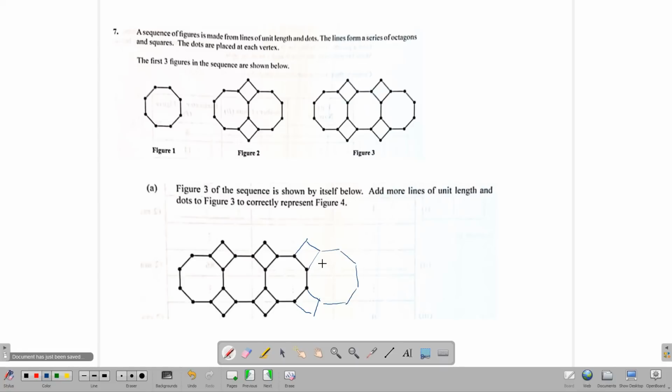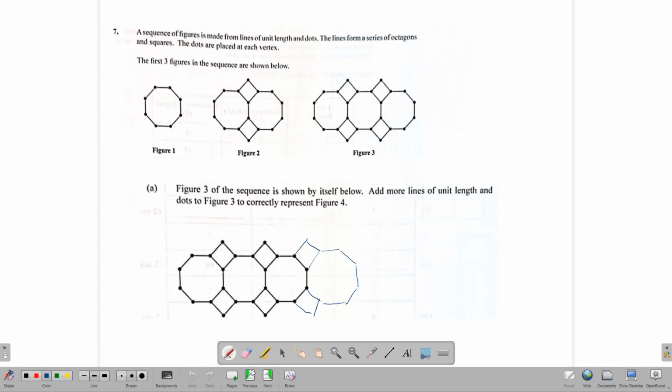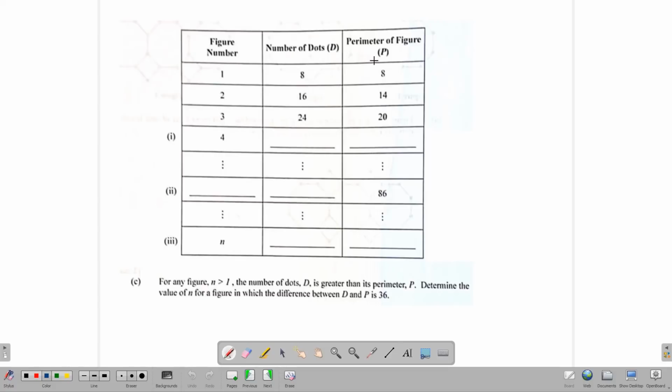And you would have used your ruler and drawn it in, and you would have gotten your shape. All right. So let's move on to the other part of it. Here we have the information from the table collected from that. So the first figure would have 8 dots. And dots, these are the dots on the side, and then has a perimeter of 8.